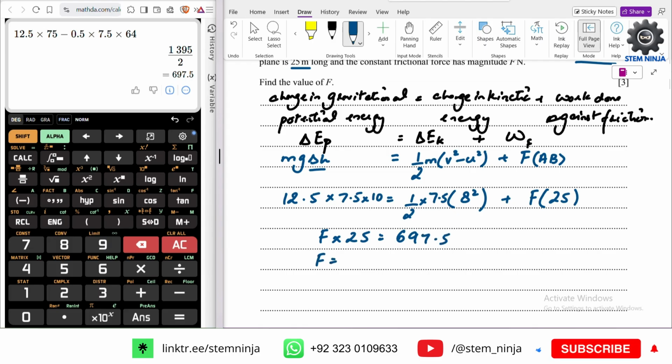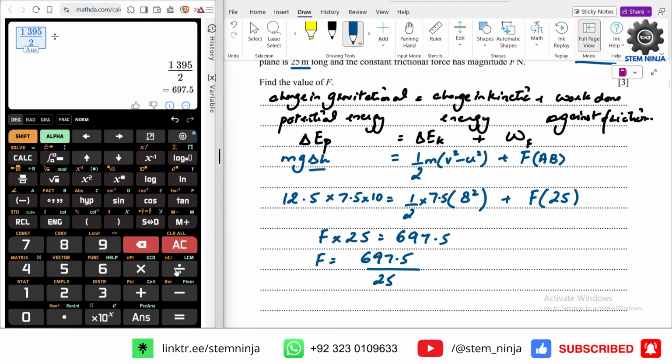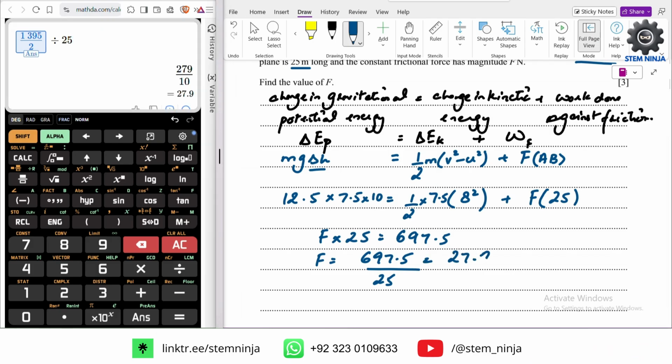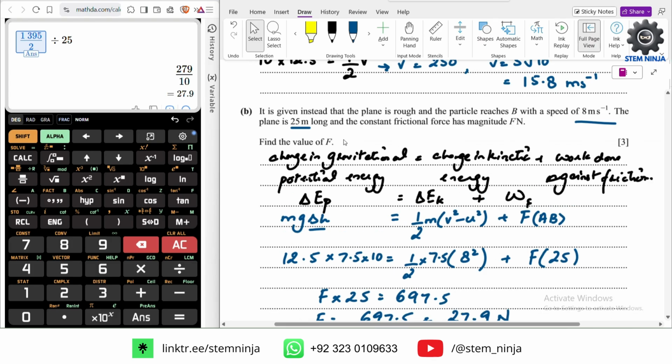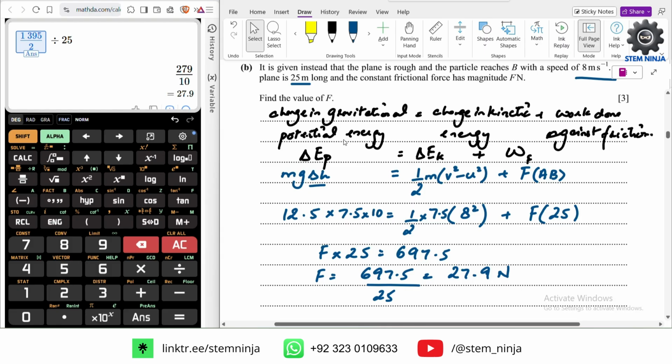So therefore F would be 697.5 divided by 25, 27.9 newtons. Right, okay, and that's it for this question. Let's move on to question number 3.